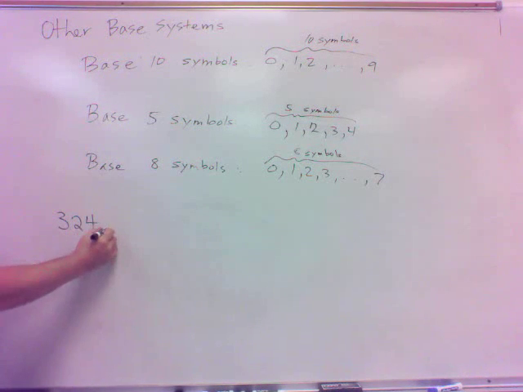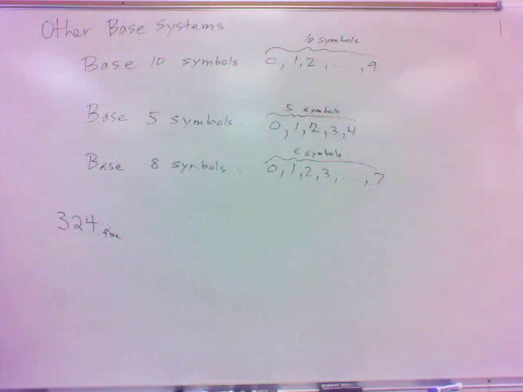And to signify it's in base 5, they'll write as a subscript the base that it is. So 324 is base 5. And notice I didn't say 324. You can say that if you want, but it is not equivalent to 324 as we think of it. But 324 base 5.